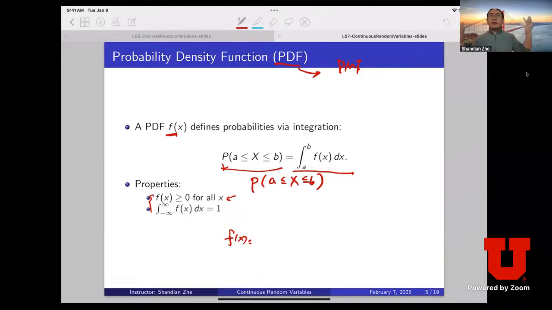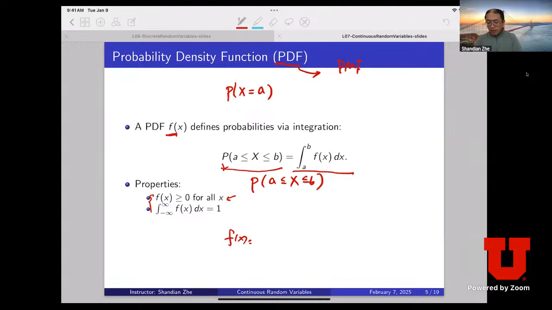Giving this definition is a little bit tedious, and it's not very intuitive. It's not like when we talk about the PMF. When we talk about the probability mass function, we just say that it is essentially the probability of the event defined as X equals some particular value A. This is called the probability mass function.